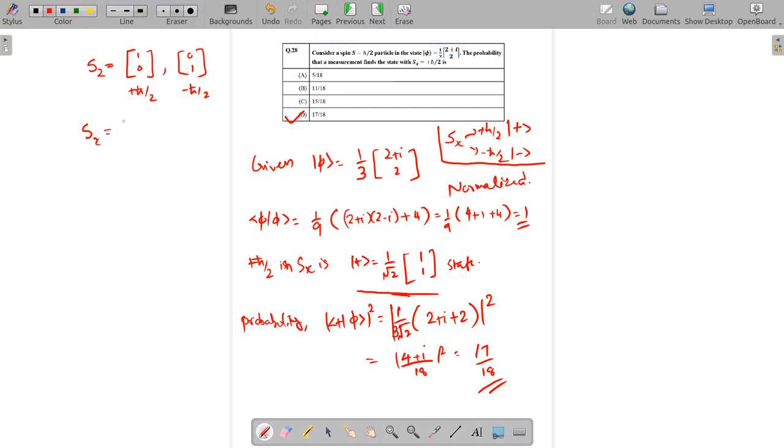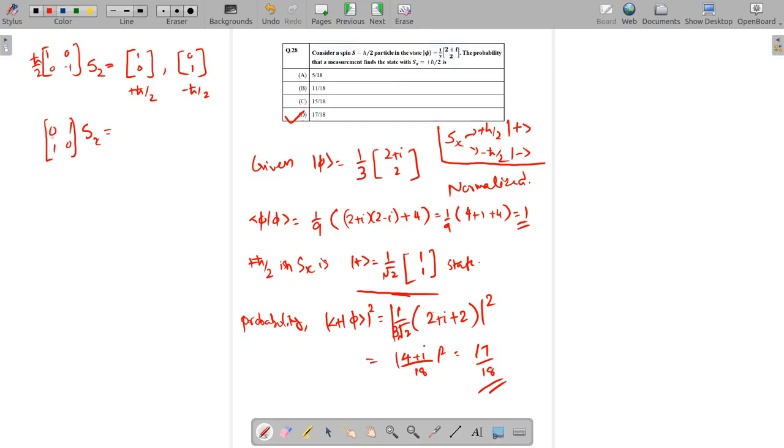Sz has this Pauli matrix, which I will write as (1 0; 0 -1) times ħ/2. There is an ħ/2 factor because these are spin operators, not Paulis; they just have an additional ħ/2. That's it. Sx is (0 1; 1 0).